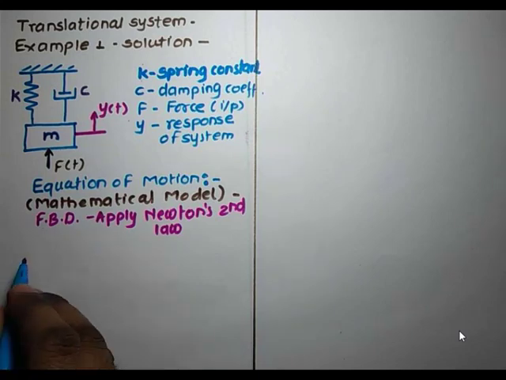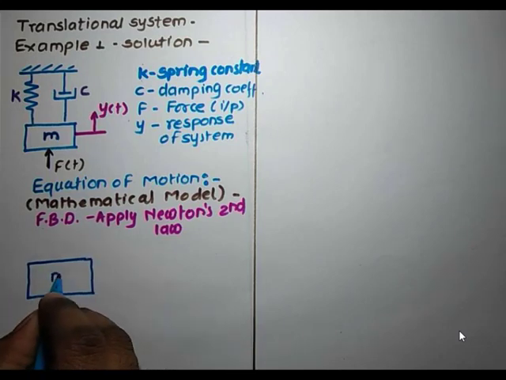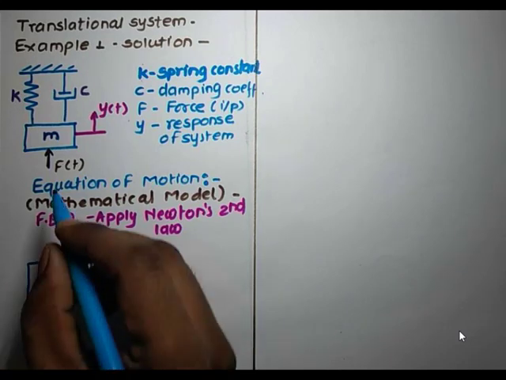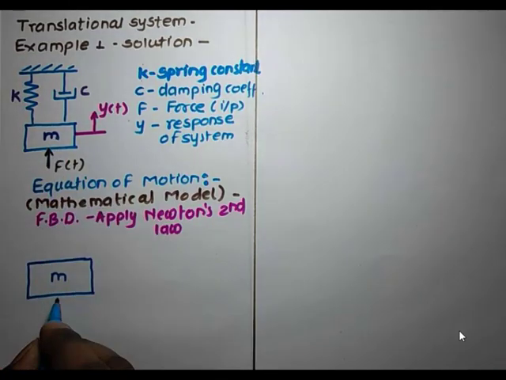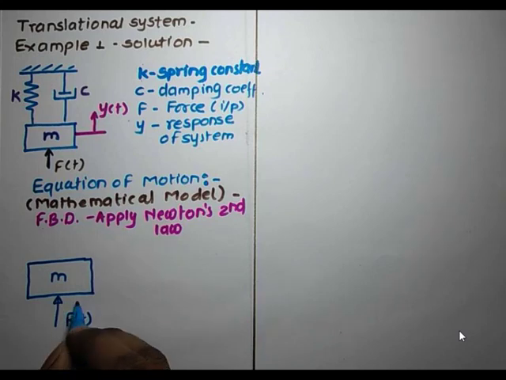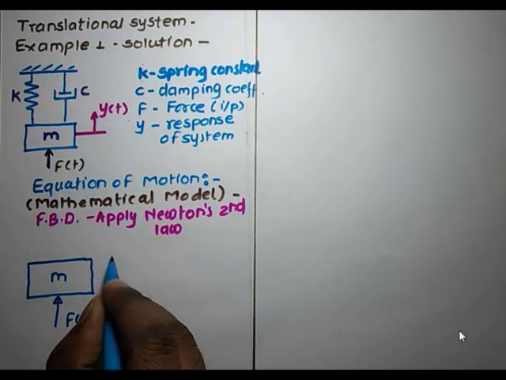So we need to prepare a free body diagram and find the different forces which are exerted on the system or mass M. Let us assume that the force function acting on this mass is in the upward direction. So this is F(t), and because of this force function, we are assuming that the displacement of this mass is in the upward direction.